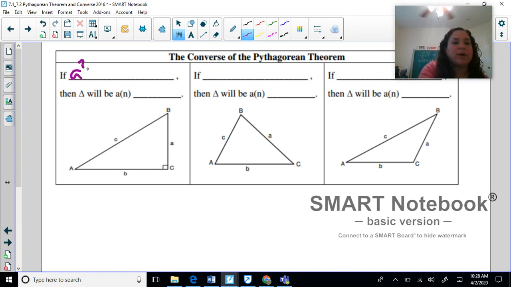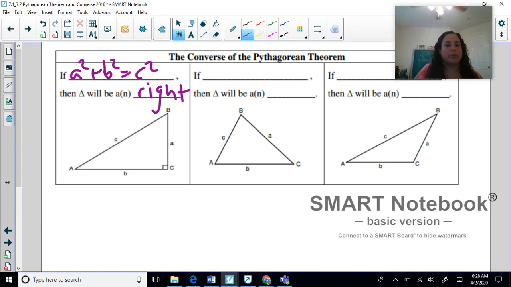That means that a squared plus b squared is equal to c squared, and then the triangle will be a right triangle, which means it will have a right angle. If c squared is less than the sum of a squared plus b squared, then instead of having a right triangle, we have what we call an acute triangle.